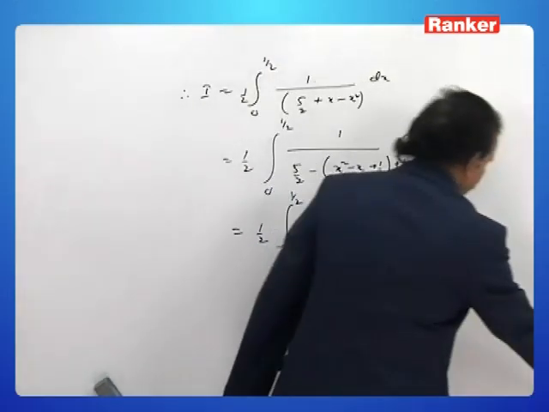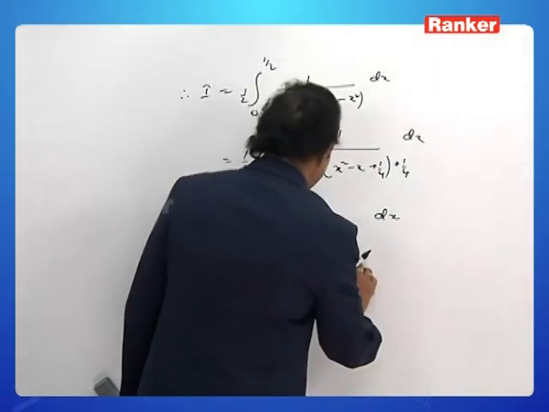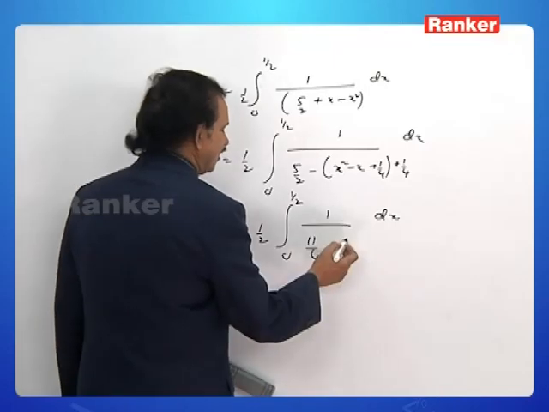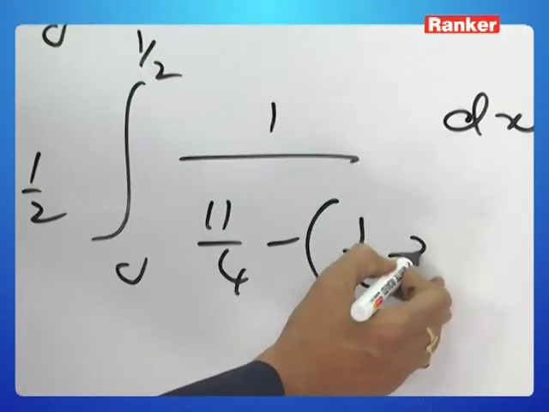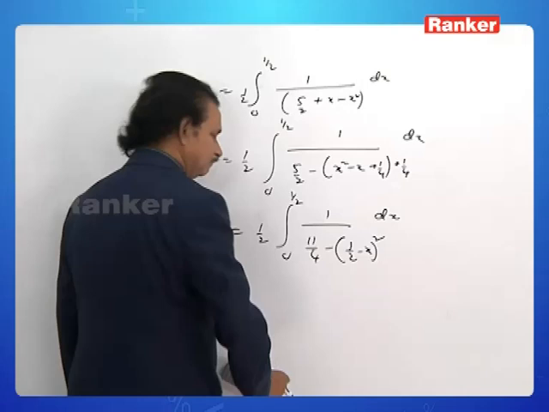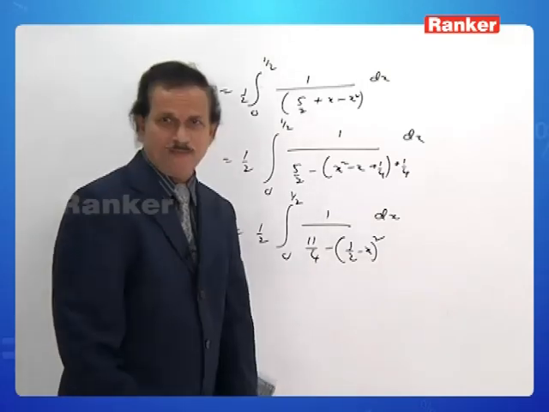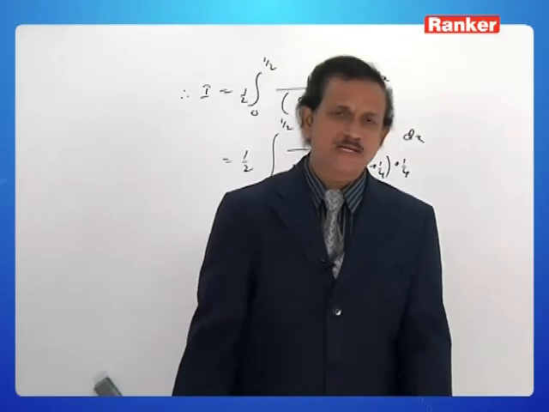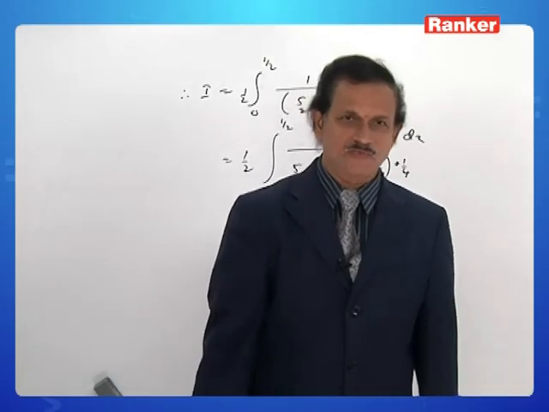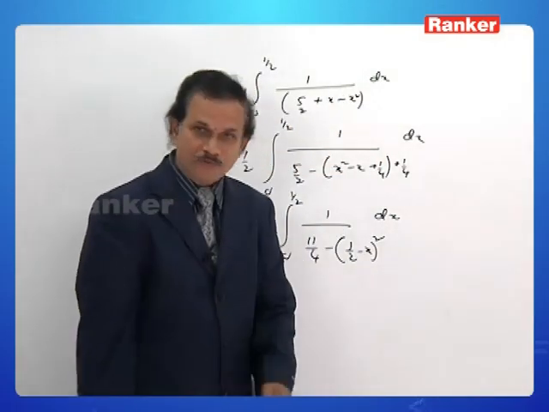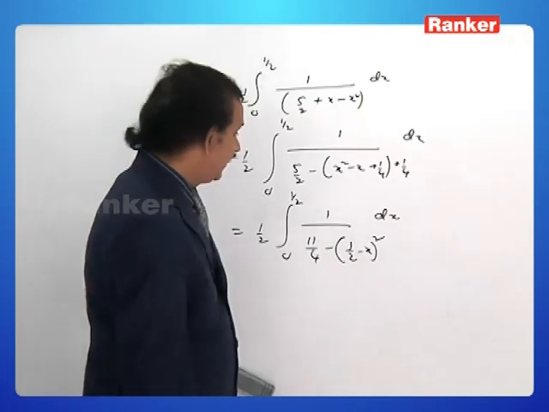Well, my dear, instead of x minus half whole square, I am interested to write half minus x whole square. Both are same, no problem at all. But you see, I am going to have an extra benefit here.